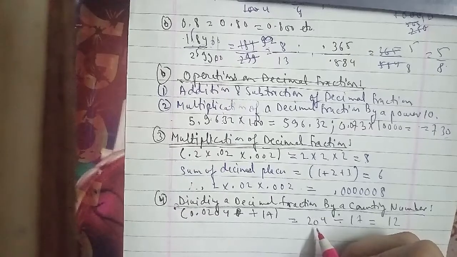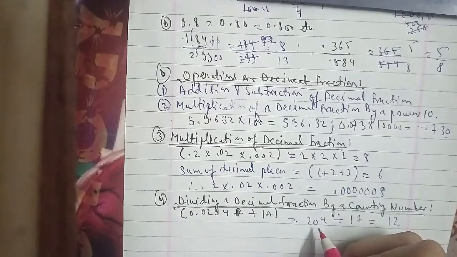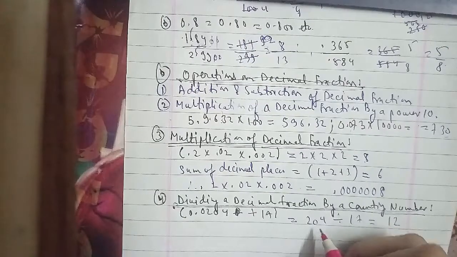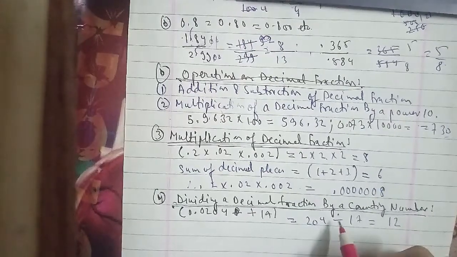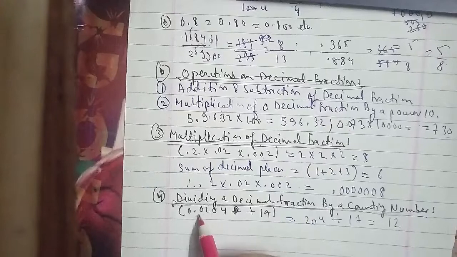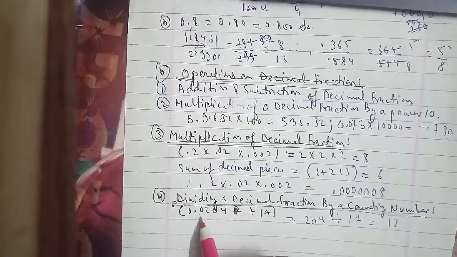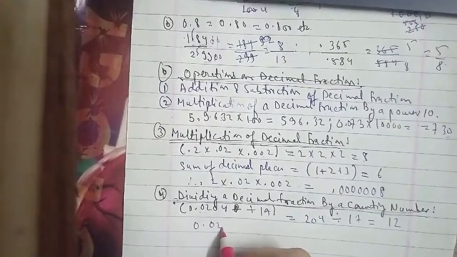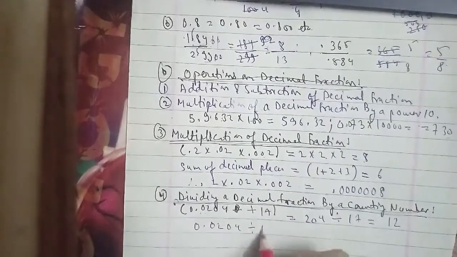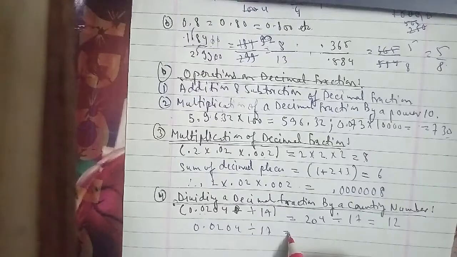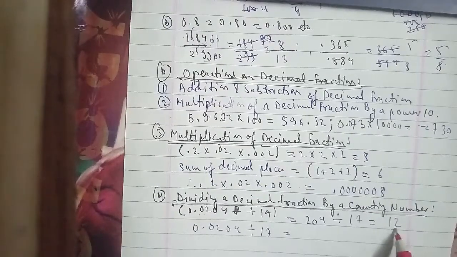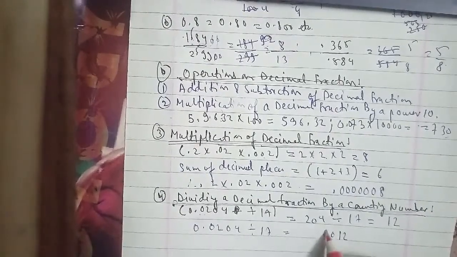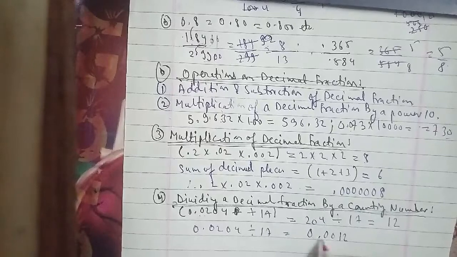The dividend contains 4 places of decimal, 1, 2, 3, 4. So we write the answer as 12 with 4 decimal places, so 2 zeros more are added, which is 0.0012. That will be the right answer for this question.